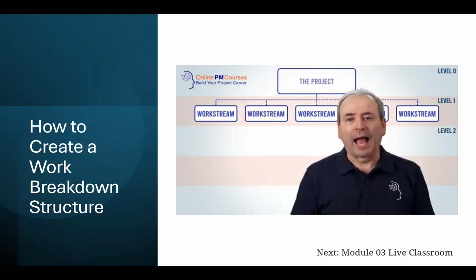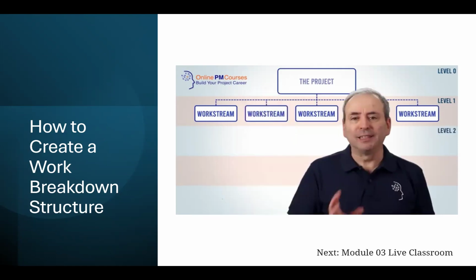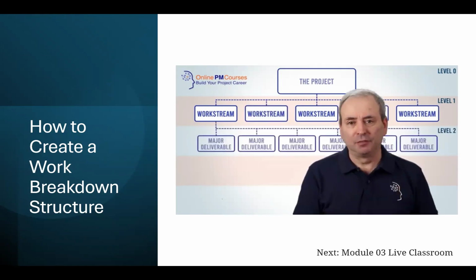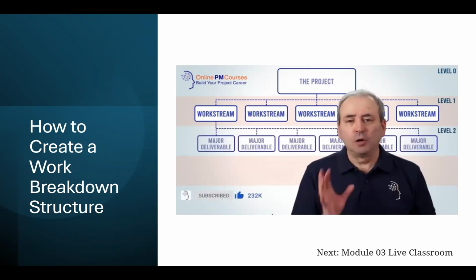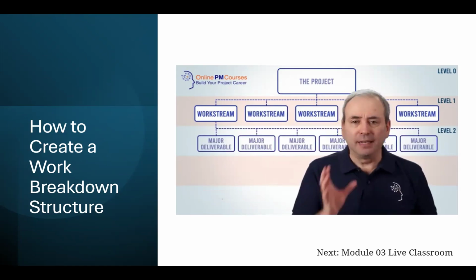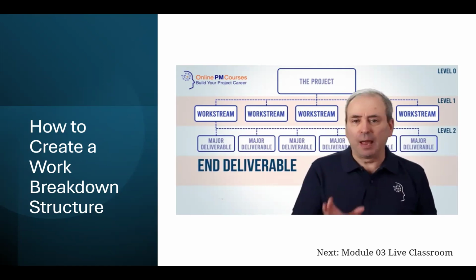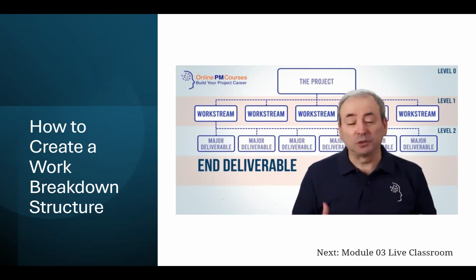At level 2, we have the major deliverables that sit within each element of the key line. Not all of these deliverables need to be an end deliverable. An end deliverable is something you want. It is there because that is what the project has been created to build. End deliverables are often defined by the goal and the objectives of the project.